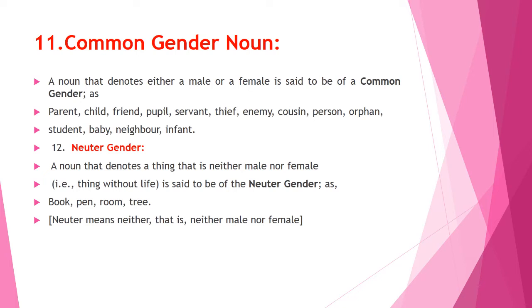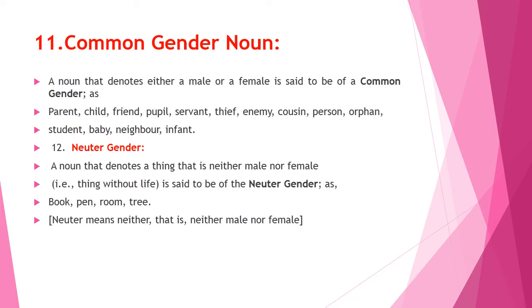A noun that denotes either a male or a female is said to be of a common gender, as parent, child, friend, pupil, servant, thief, enemy, cousin, person, orphan, student, baby, neighbor, and infant. So all these words can be used in a masculine as well as in a feminine way.